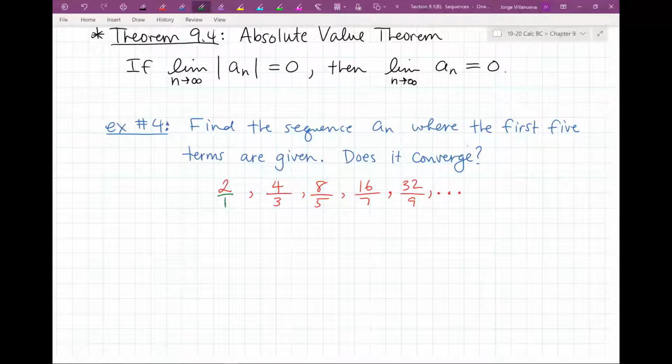Let me just give them a couple more seconds here. Try to see if you can figure it out if you haven't yet.